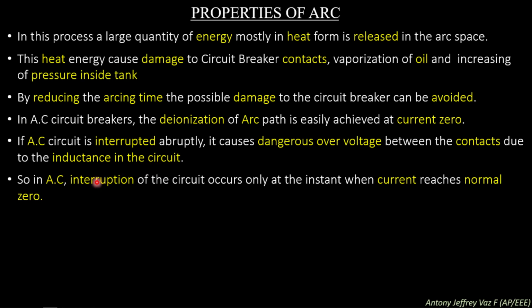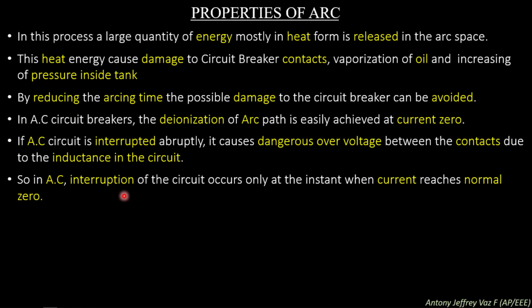So in AC circuit interruption, the interruption occurs only at the instant when current reaches normal zero. So the interruption should be made only when current reaches normal zero or when current is reaching normal zero.